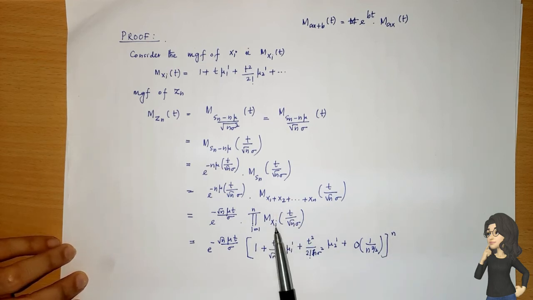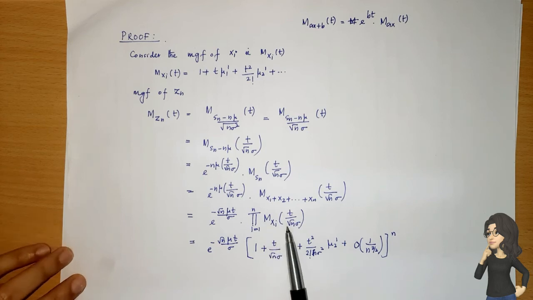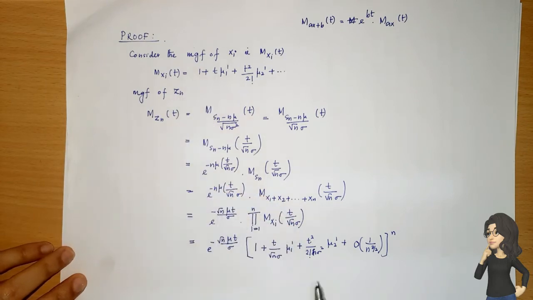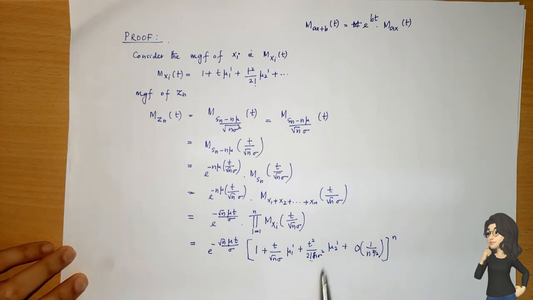And we are going to expand what is M_{Xi}(t by root n sigma), where instead of t we have t by root n sigma. So that is the only change. Since we have n in the denominator, as n tends to infinity the rest of the terms will have n square and cube, and they are decreasing terms. As n tends to infinity, all these values will be near 0. So we are going to write it as O of 1 by n raised to 3 by 2.